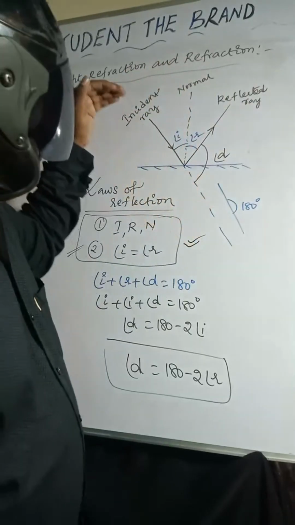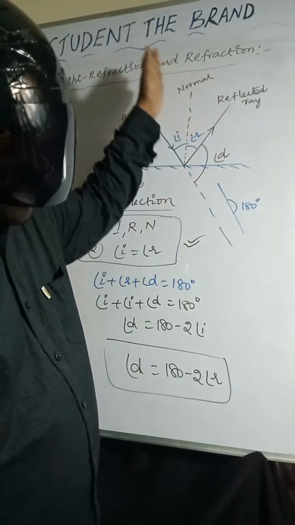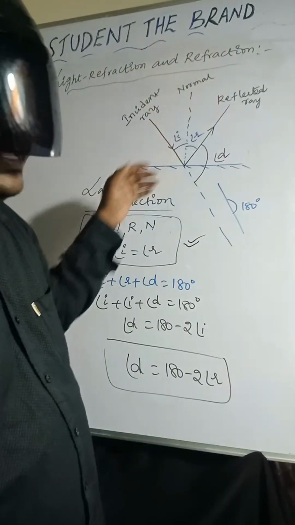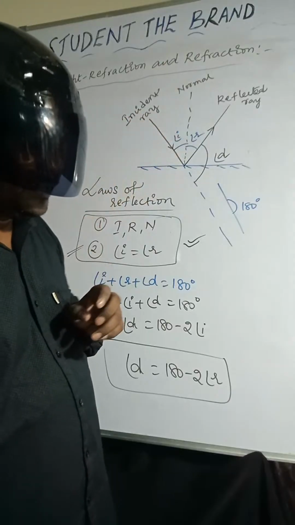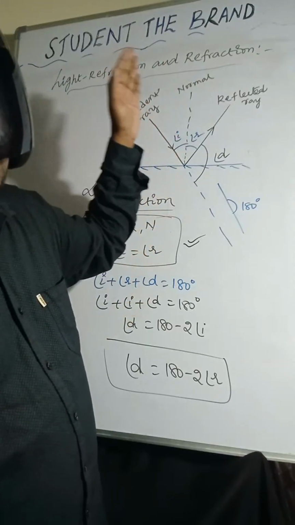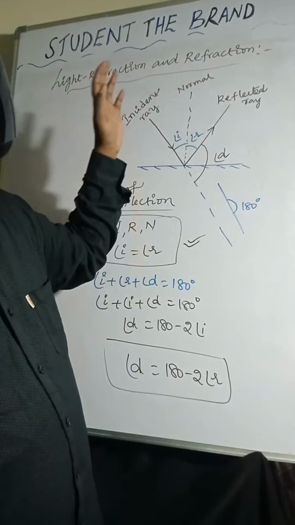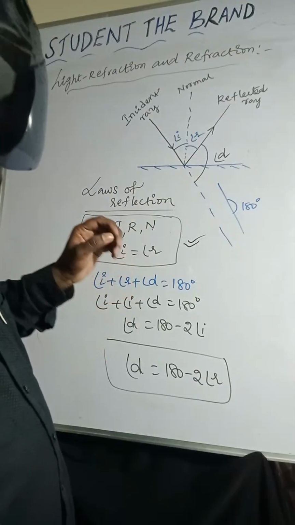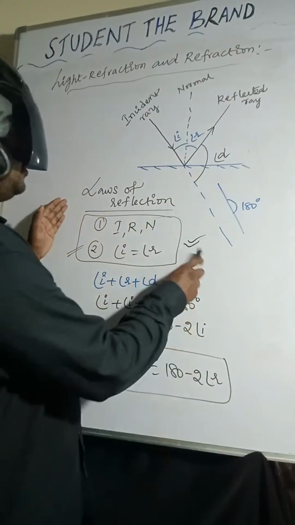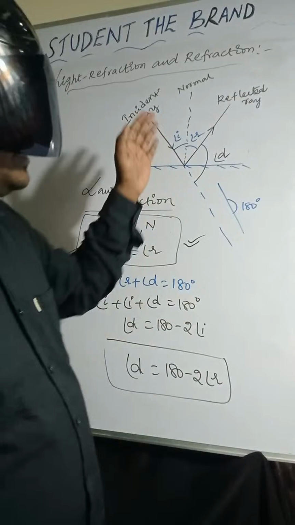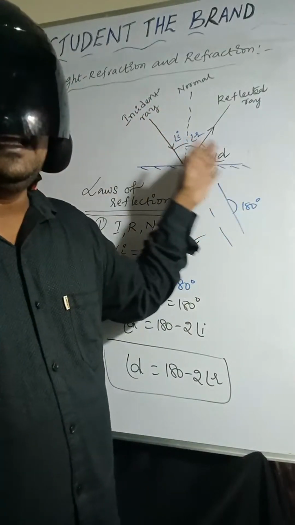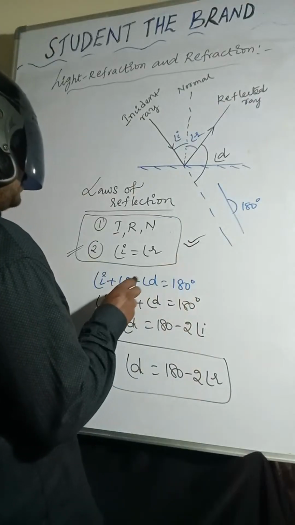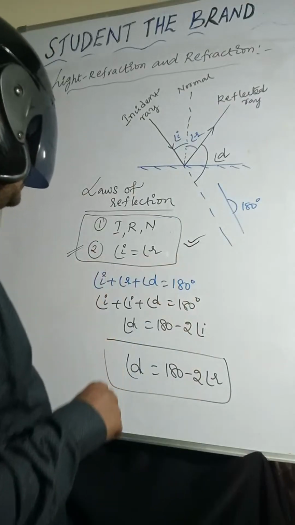The incident ray, reflected ray and normal line lie in the same plane, and the angle of incidence is equal to the angle of reflection. This is about the laws of reflection. A linear angle is 180 degrees, so angle of incidence plus angle of reflection plus angle of deviation equals 180 degrees.